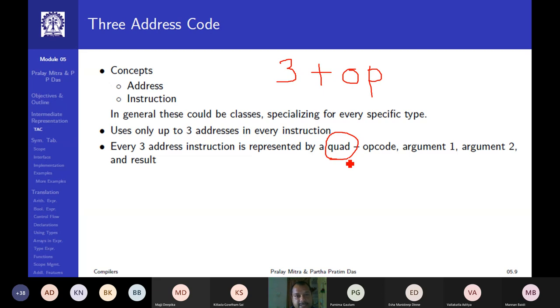Otherwise, there will be some logical mistake. The program is telling something, and during the three address code generation, if you make some mistake, then it is the mistake of your compiler. It is not compiling properly, and accordingly the result will be different.